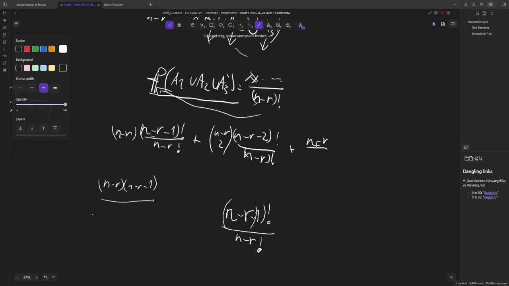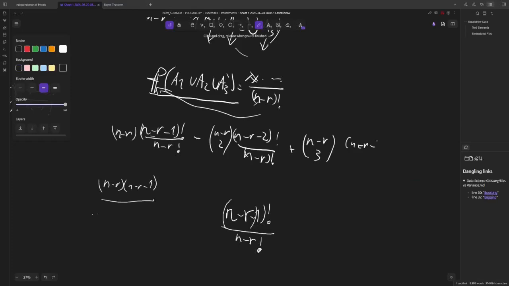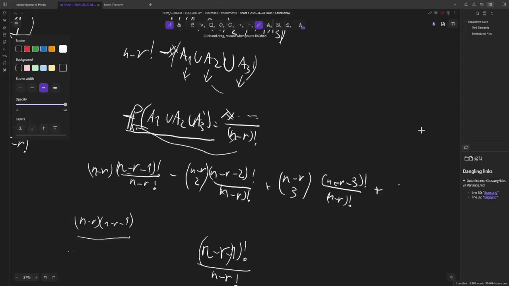It will be n minus r choose 3. This is a minus, sorry, plus n minus r minus 3 factorial over n minus r factorial. And so on and so forth using this formula.